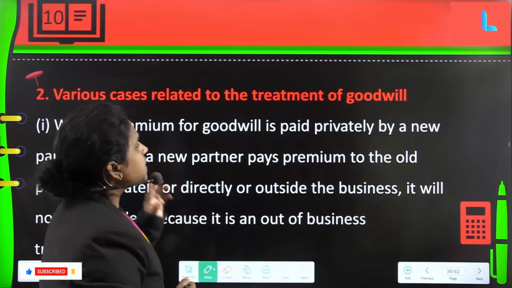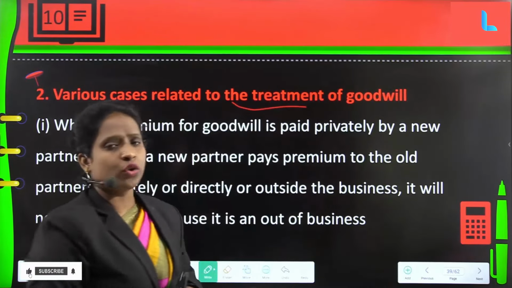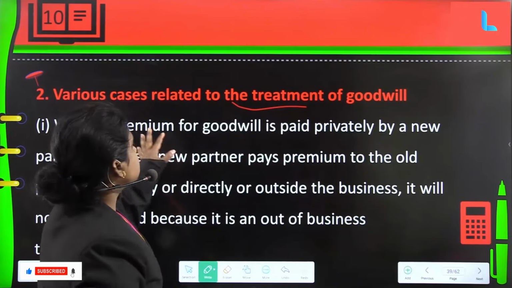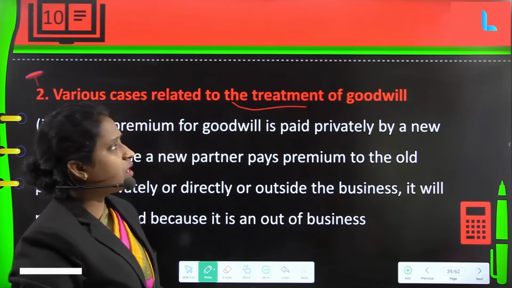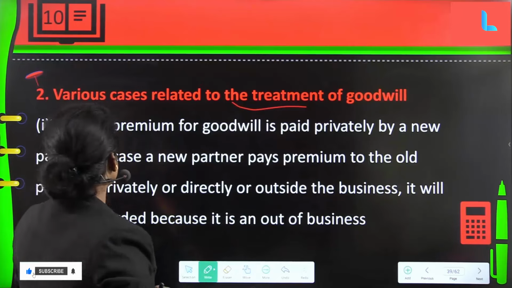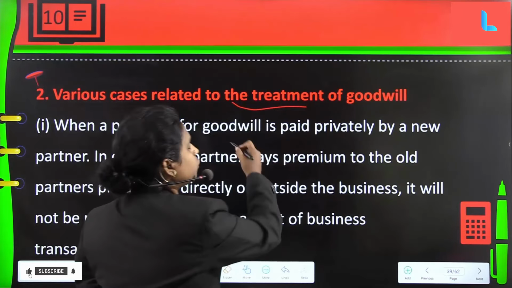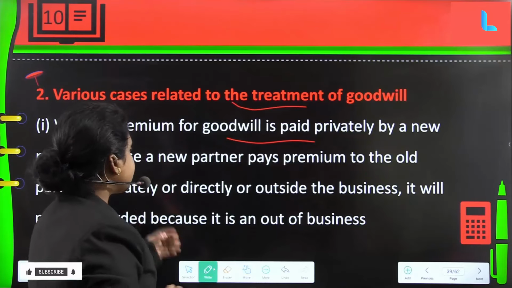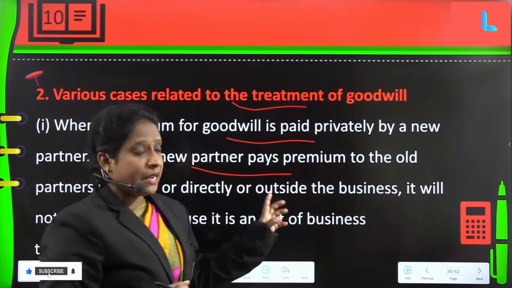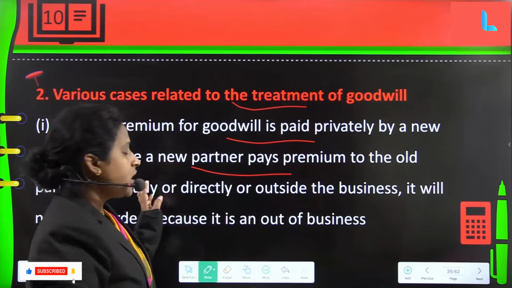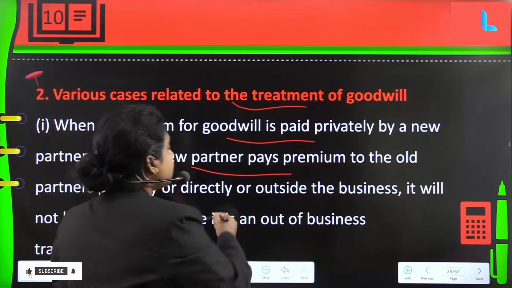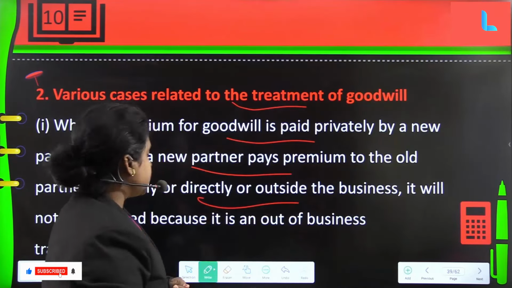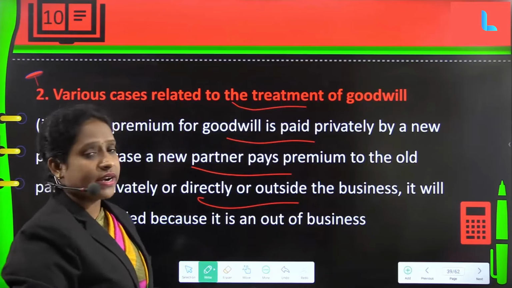Various cases are related to the treatment of goodwill. So let's discuss these various cases. Under this, when a premium for goodwill is paid privately by a new partner, that is, in case a new partner pays a premium to the old partners privately, directly, or outside the business, it will not be recorded.